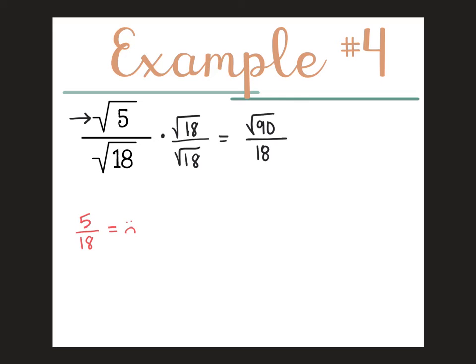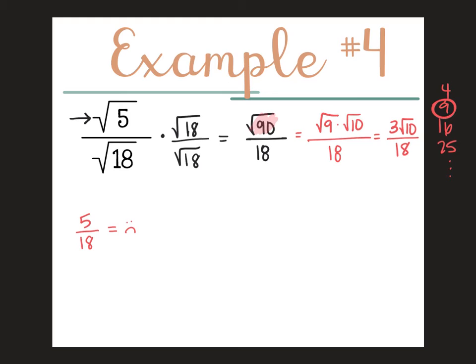Then I want to think about my perfect square list and see if there's any of those that will divide into 90. So when I think about this list, I realize that 90 can be written as square root of 9 times square root of 10. The square root of 9 is actually 3.